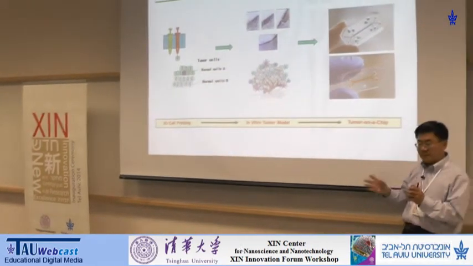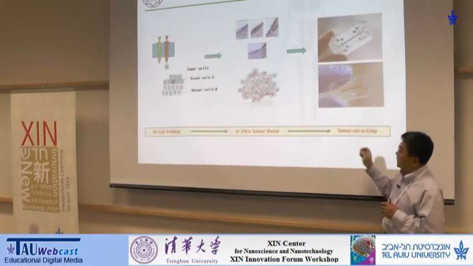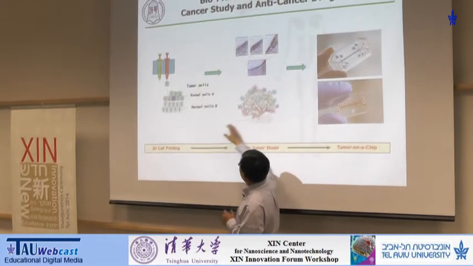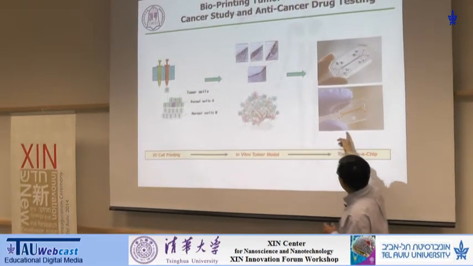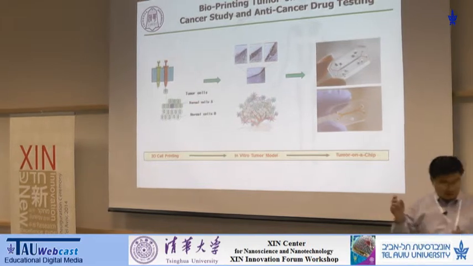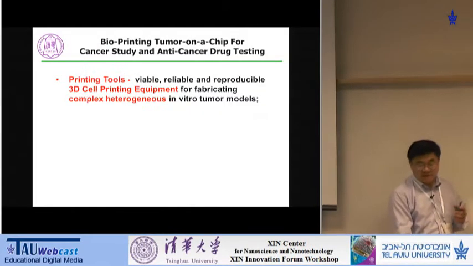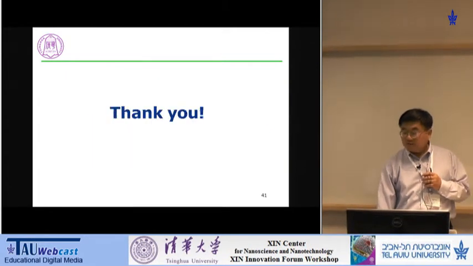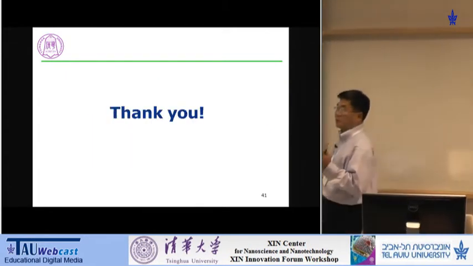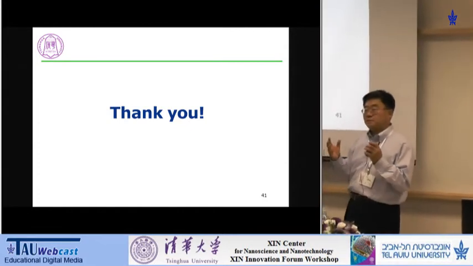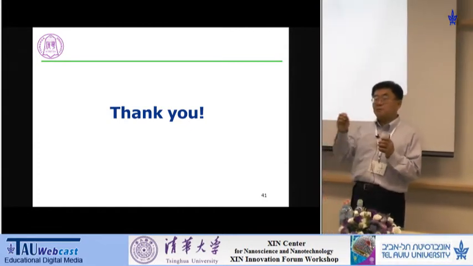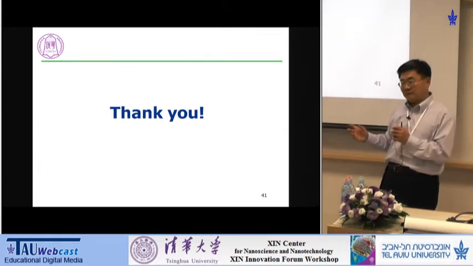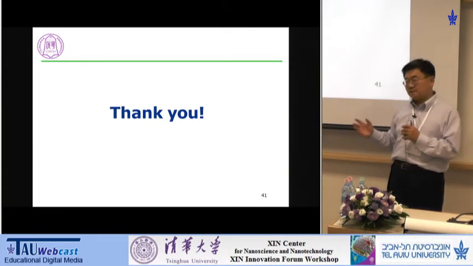We take patient-specific cancer cells and use 3D printing to print the cancer. We build this model and put it into something like a tumor on chip to test it. That's good; we can have the chip as a product. Eventually, we try to help doctors determine the best way for personalized cancer treatment, and probably also help develop new cancer drugs.